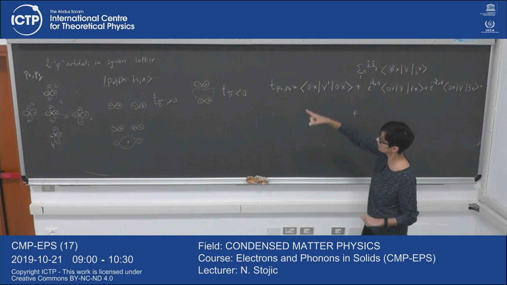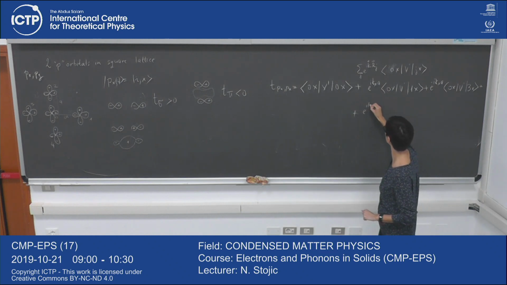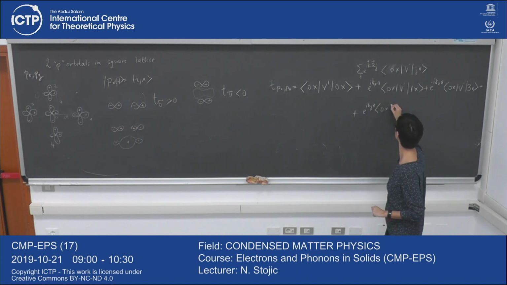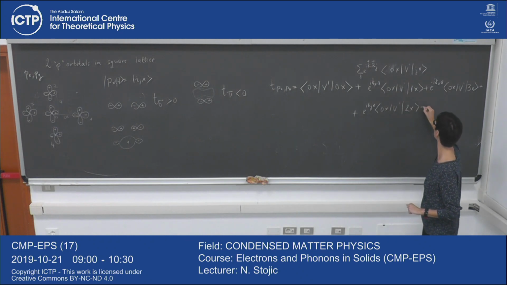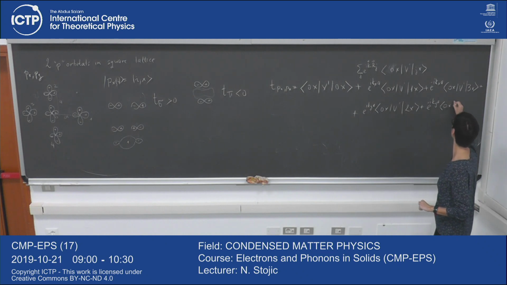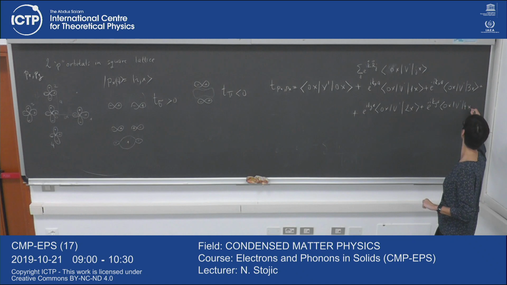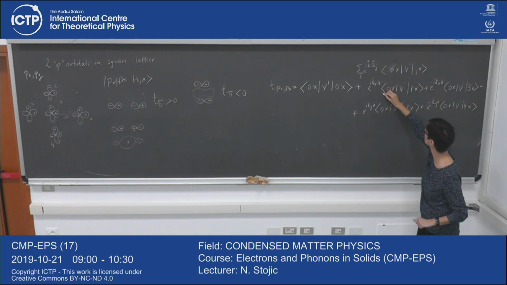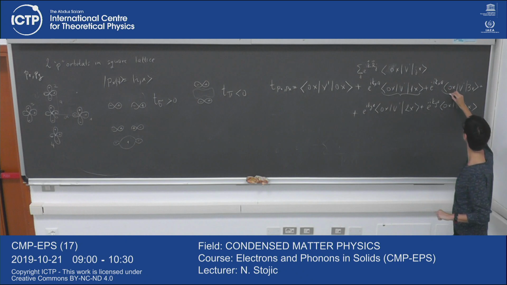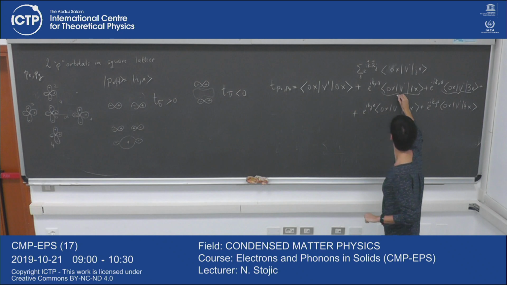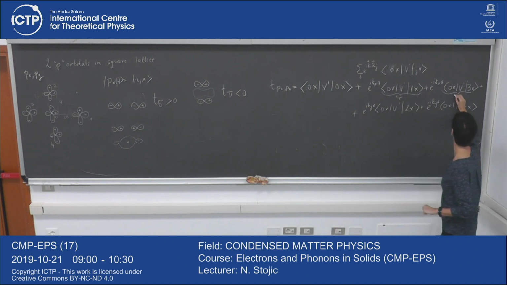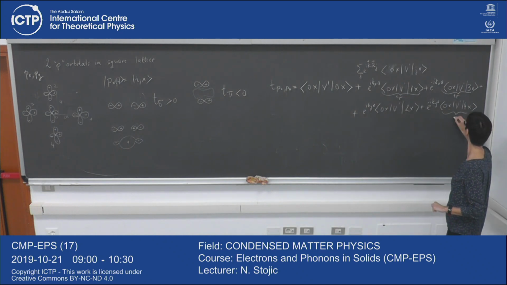And now along y, we have 2 neighbors. And we said this term, this matrix element, we'll call T sigma, T sigma, and this is T pi.